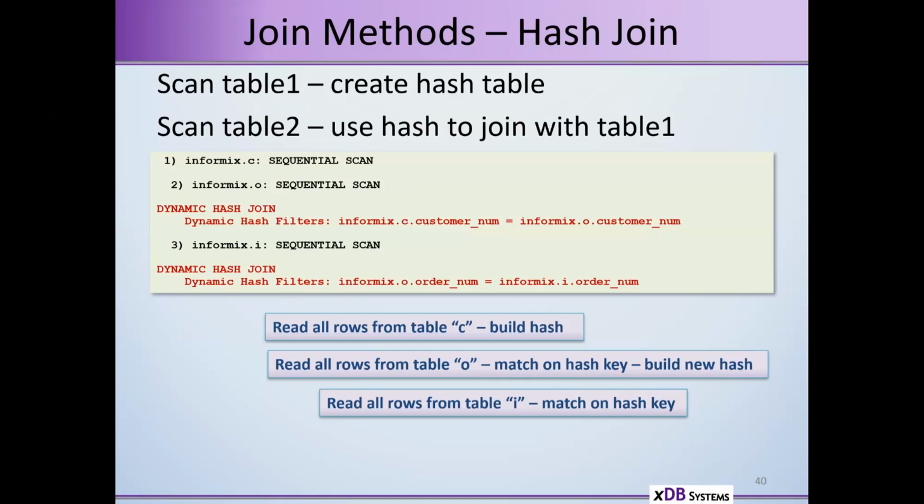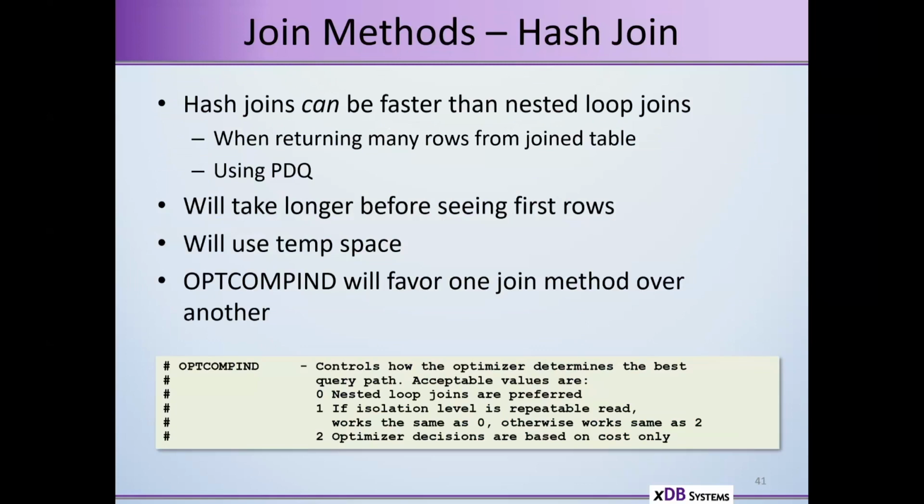Once we've built all of that hash data, we'll go to the second table, we'll read the rows from that, which can be an index read sometimes, and for each row we read, we'll build a hash key from it, and then we'll try and match it to our row hash table that we just built. Now, hash joins can be a lot faster than a nested loop join in some cases.